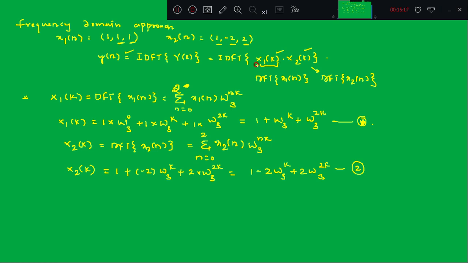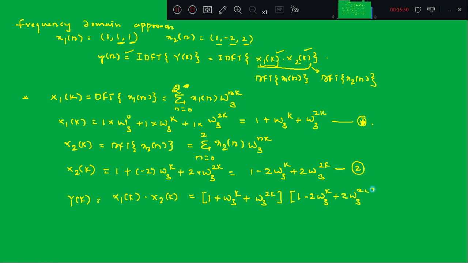After that you multiply both these two sequences, and I will name it Y of k, which is X1 of k into X2 of k. Multiply. So X1 of k is 1 plus W3^k plus W3^2k, into X2 of k, which is 1 minus 2 times W3^k plus 2 times W3^2k.